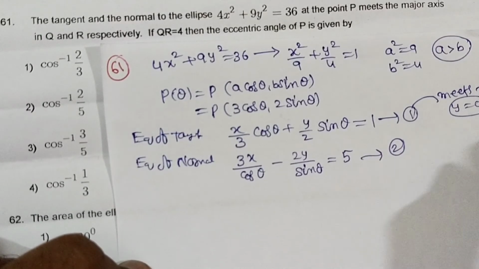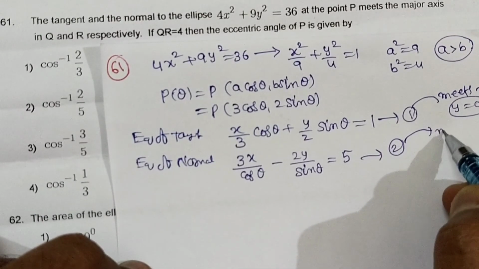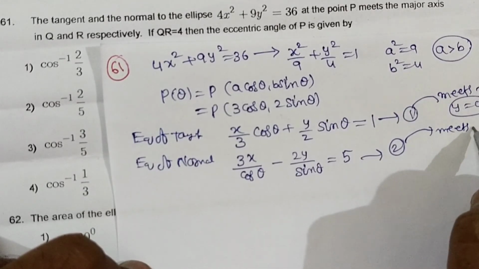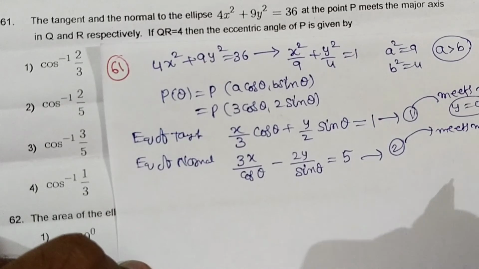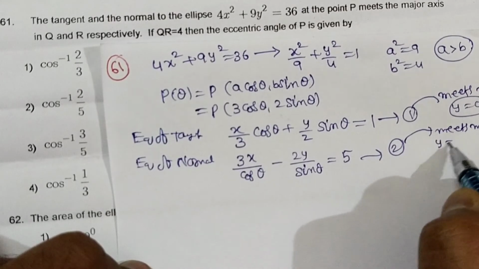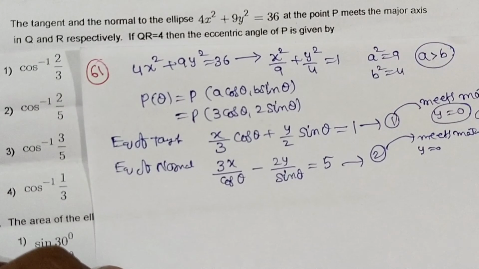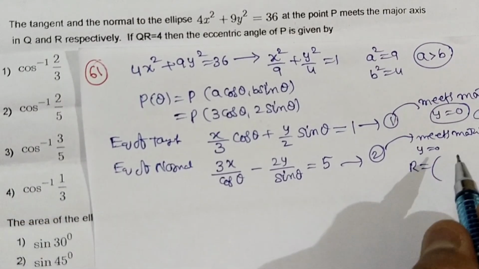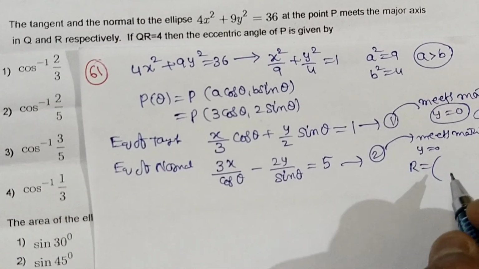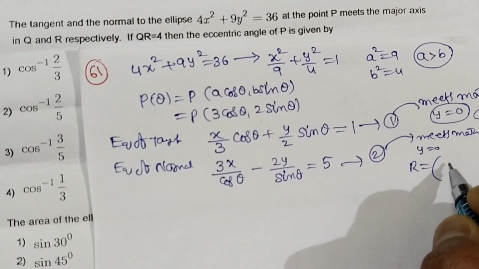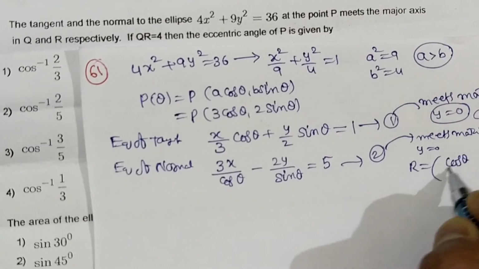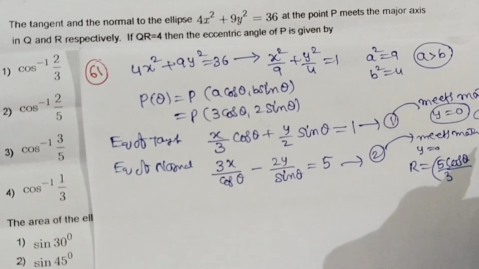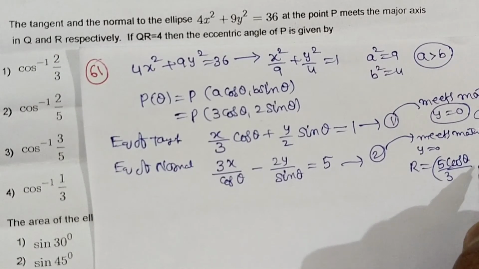Similarly, equation 2, the normal, also meets the major axis at the point R. Here also y is equal to 0, so x is equal to 5 cos theta by 3. So R is 5 cos theta by 3 comma 0.